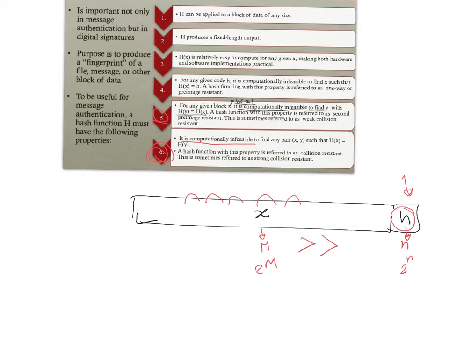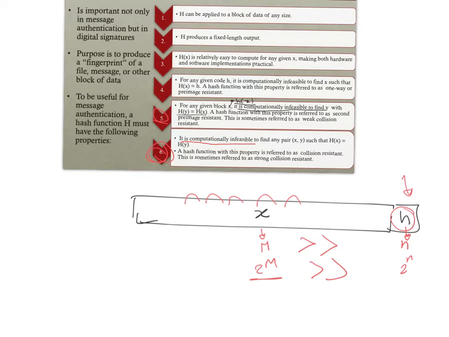So no matter what you do, there is no one-to-one relationship. Why? Because the number of combinations of the messages is much more than the number of combinations of the hash. So this relationship always applies. So there is always collision, theoretically.